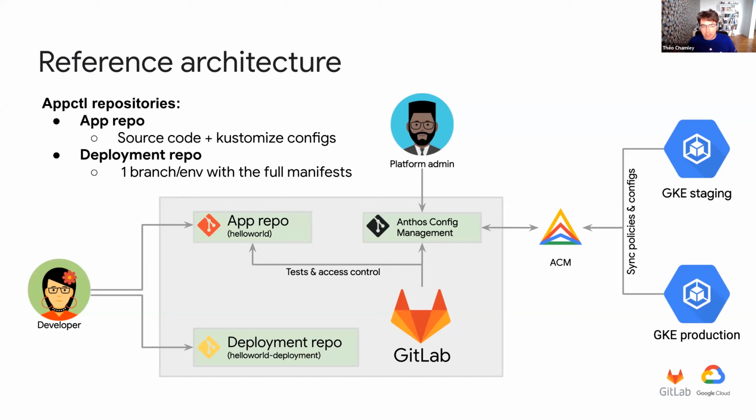And here, GitLab is at the core of everything, and we're using it to control access to those repositories, to implement approval workflows, and also to run test builds, etc.